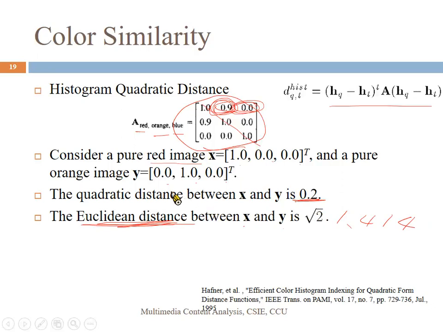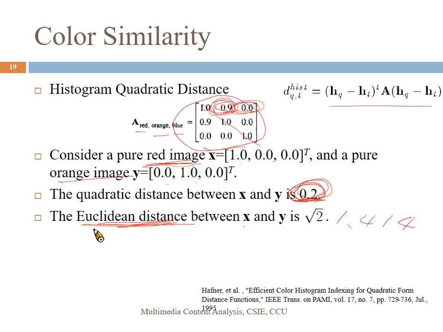For human perception, we feel that the red image is similar to the orange image. You can see that the distance between the red image and the orange image is smaller.